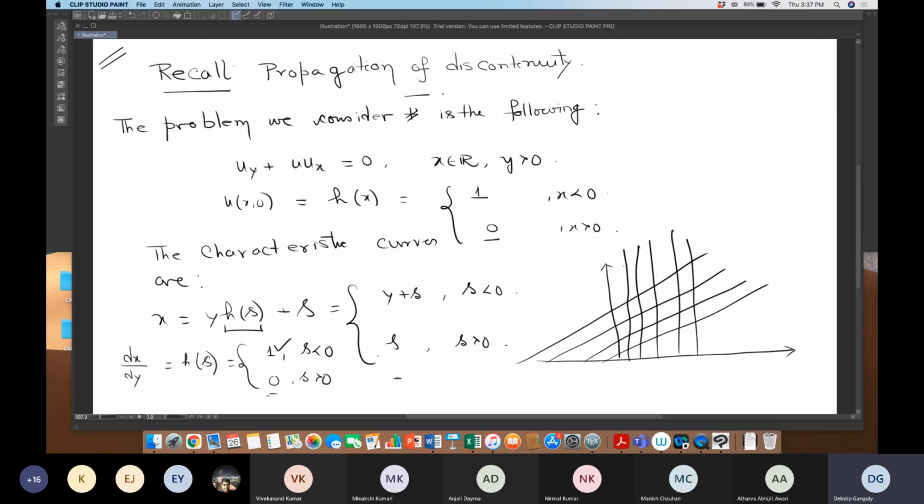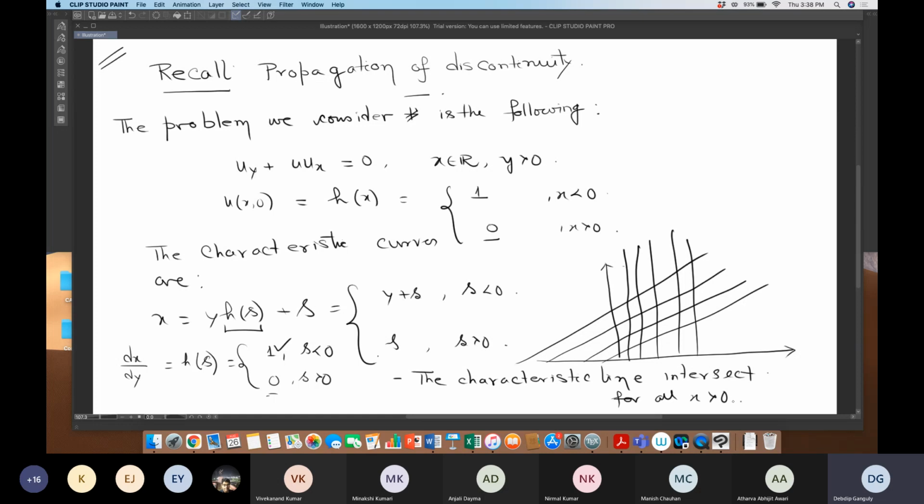The conclusion is that the characteristic lines intersect for all x positive.